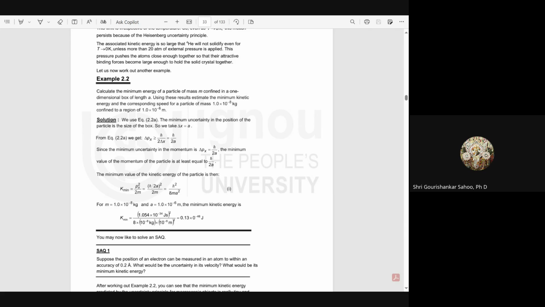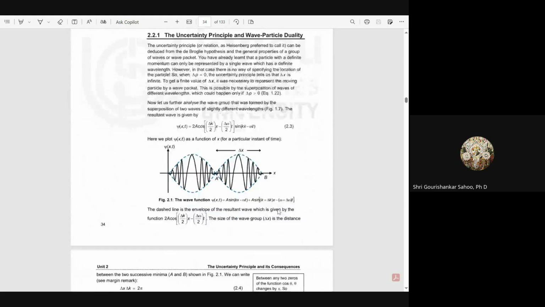But in particle physics or with microscopic particles, you cannot measure certain things accurately. For example, suppose there is a particle, suppose there is an electron in an atom.